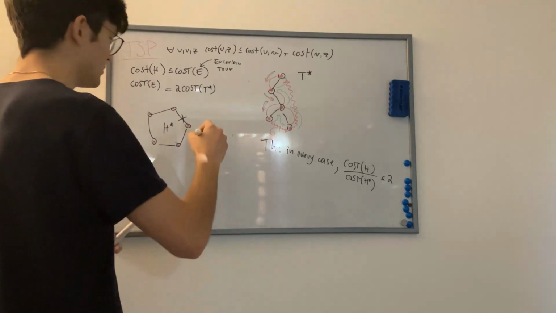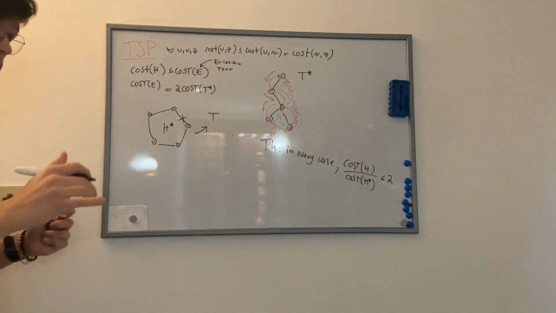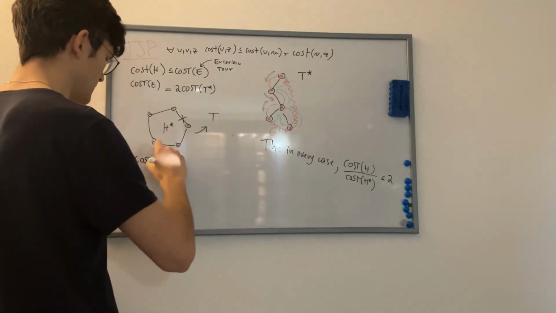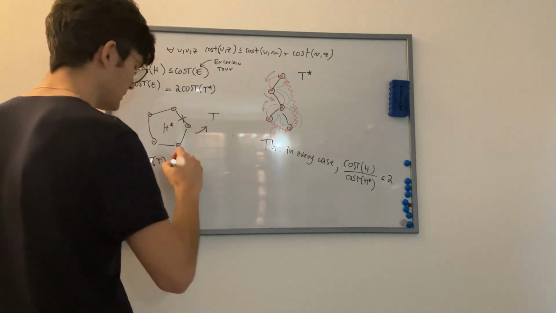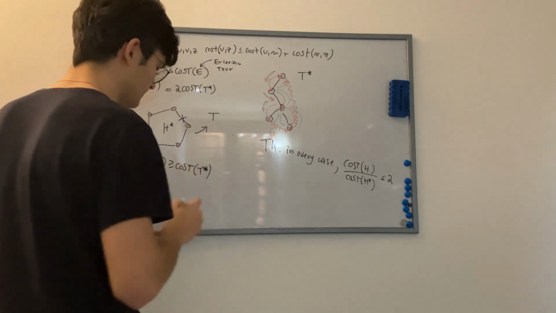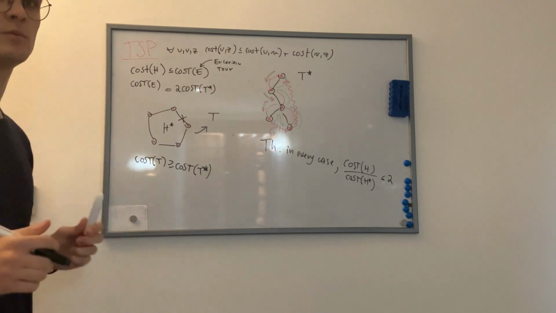So let's call this spanning tree T. We know for sure that the cost of T is greater or equal than the cost of T star, and this is because we built T star as the minimum spanning tree.